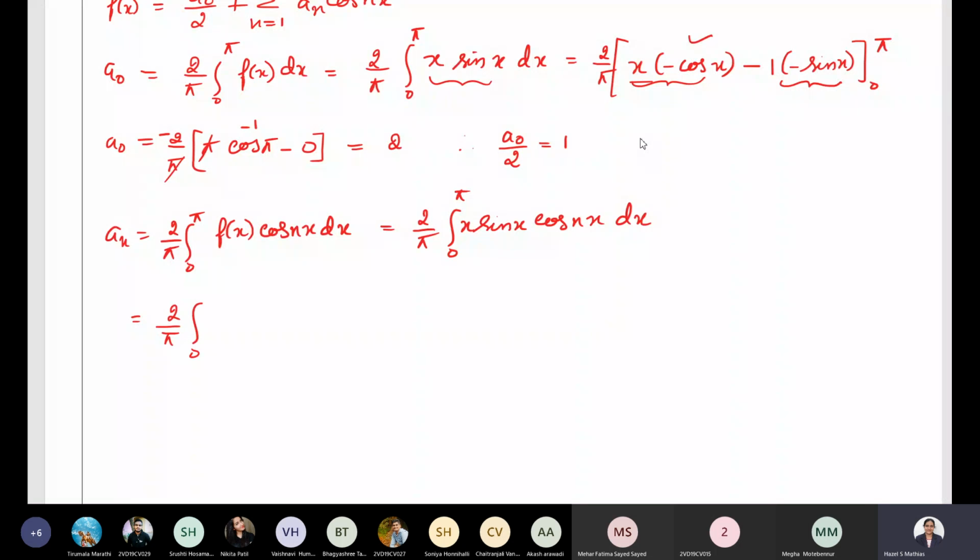2 by pi integral 0 to pi x, I'll keep it as it is. I apply the sin a cos b formula for sin x cos nx.